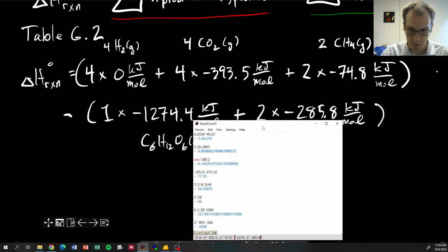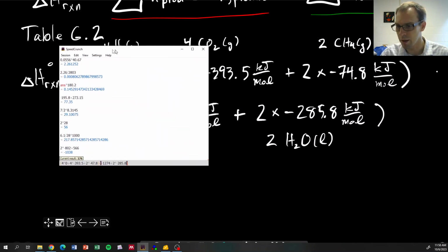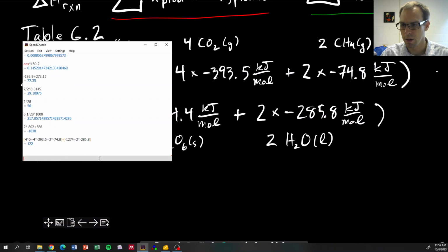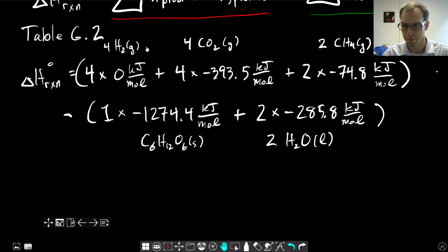Let me make sure I added all this together correctly. 4 times 0 plus 4 times negative 393.5 plus 2 times, oh, that is my problem, negative 74.8. All right, and we get positive 122.